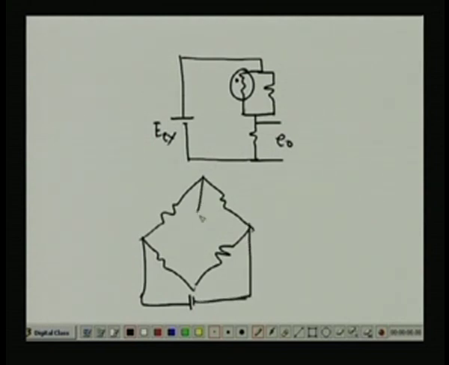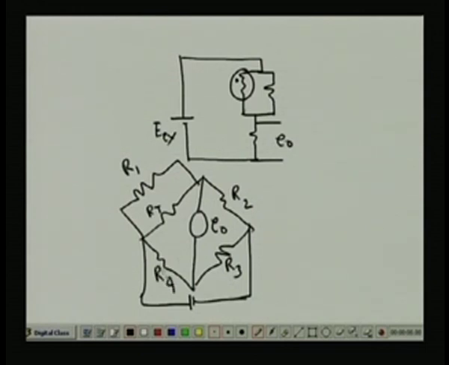So, we put a bridge, we put resistors here, right. So, this is RT, and I put a resistor in parallel. This is R2, R3, R4, clear.